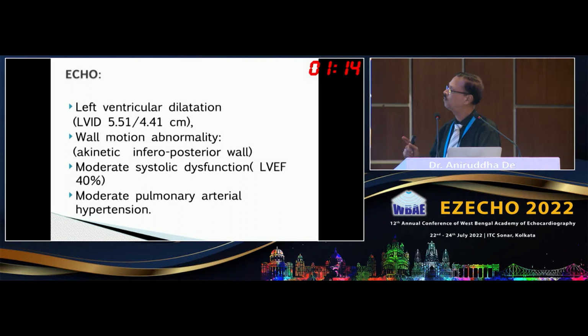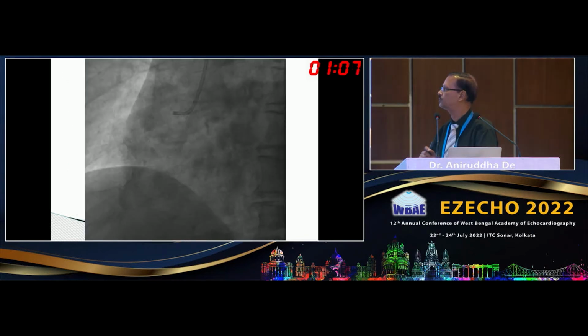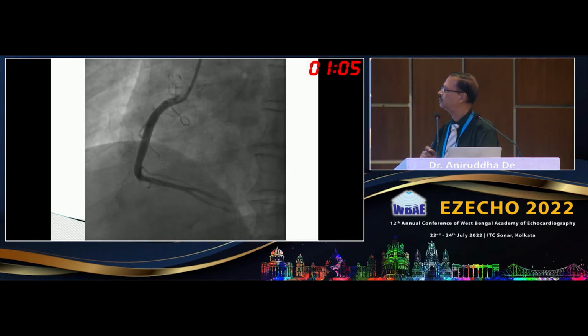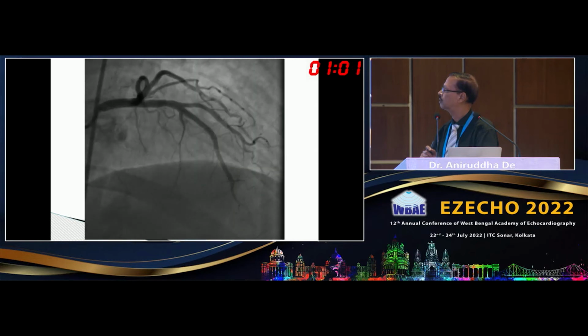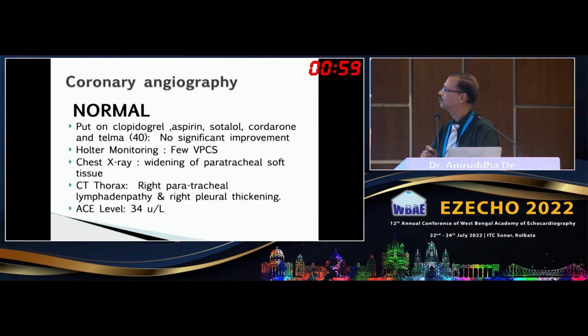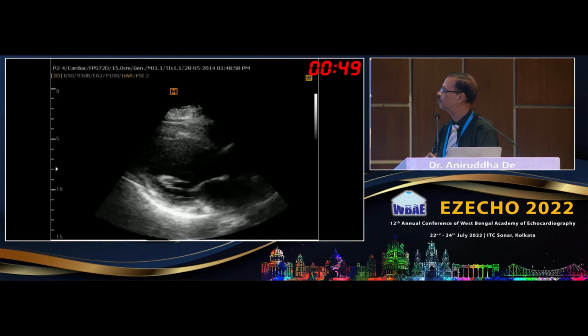This is the echo he presented with. The coronary artery angiogram was absolutely normal. CT thorax showed right paratracheal lymphadenopathy and right pleural thickening. ACE level is 34, and now see the echocardiogram.